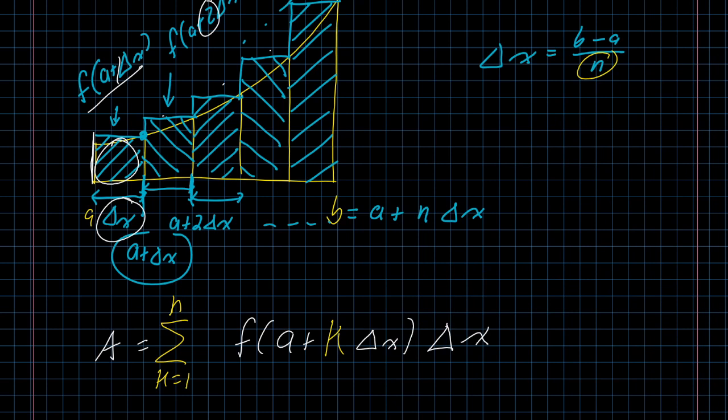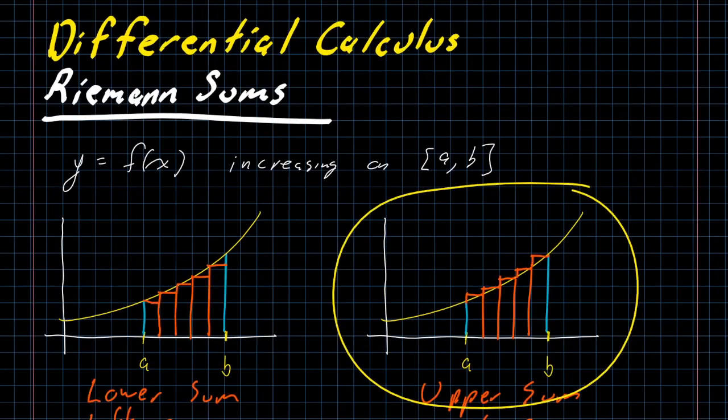And I do want to point out, before I get into actually doing an example of this, because I assumed that my function was increasing, the lower sum underestimated the area, the upper sum overestimated the area.